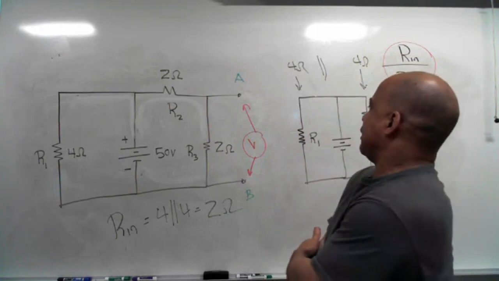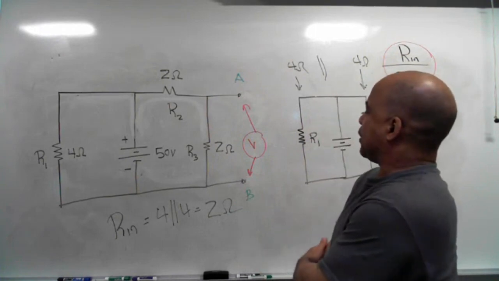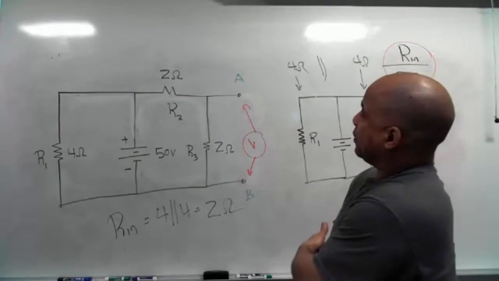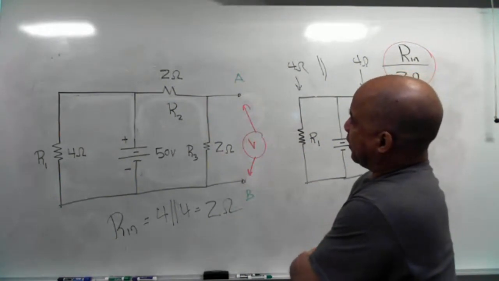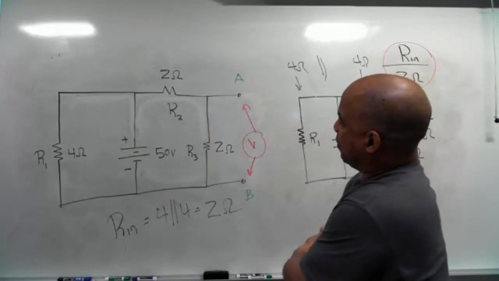And I can clearly see on this one that I will be across R3. So whatever the voltage drop across R3 is, would be my Thevenin voltage.